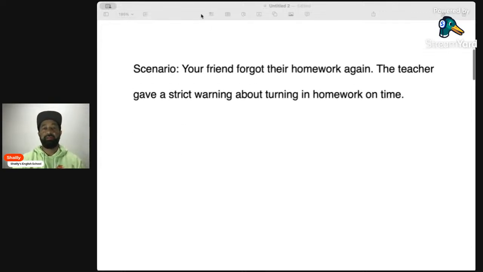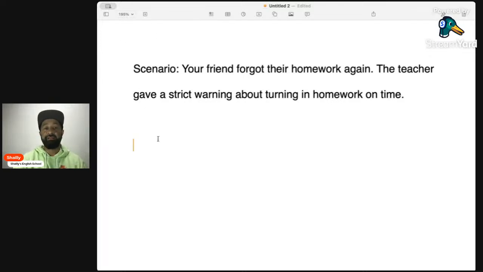So he was supposed to turn in the homework, but he didn't. That means the plan was to give the homework to the teacher, but this plan didn't happen. So with supposed to, the plan didn't happen. That's the most common way to use be supposed to.